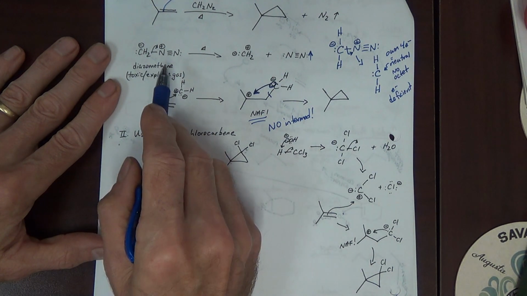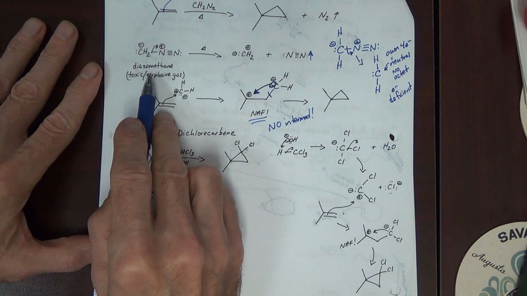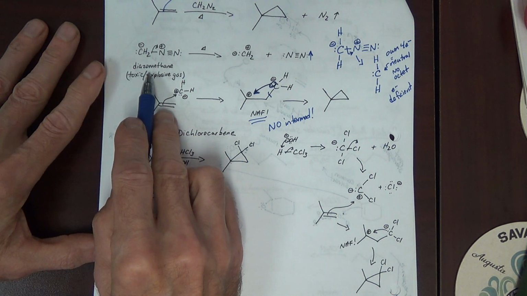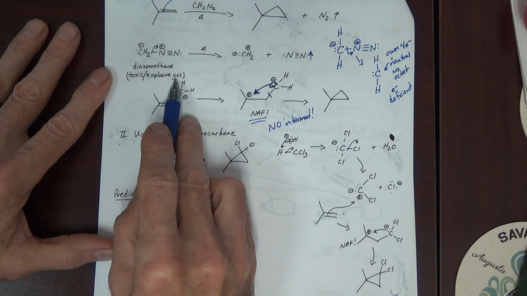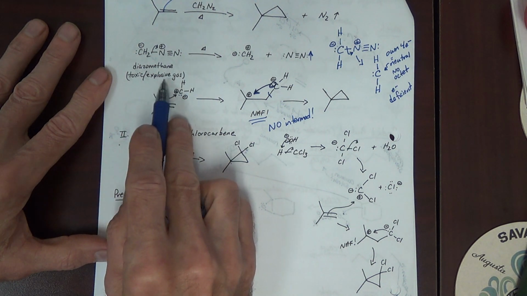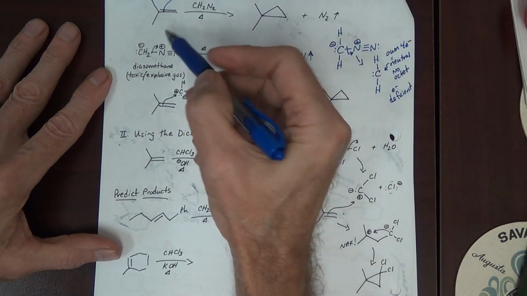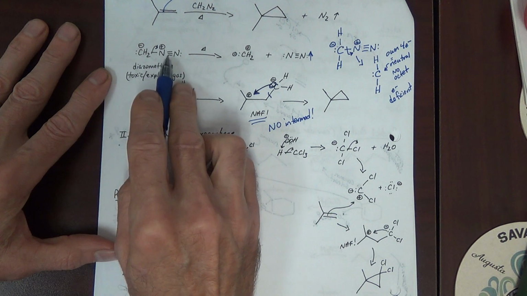Now, in practice, diazomethane is a little bit hard to handle. It's a gas. So you're not going to be able to just weigh it out. It's also explosive because it's a little unstable. It's ready to just decompose.